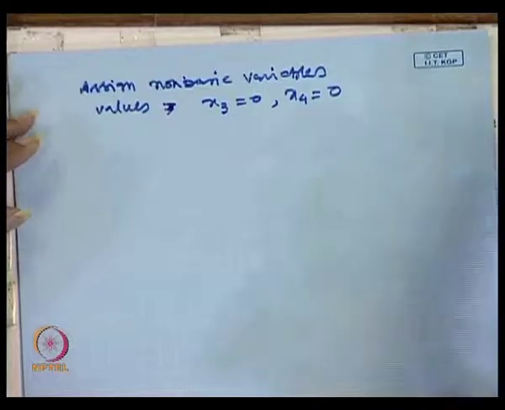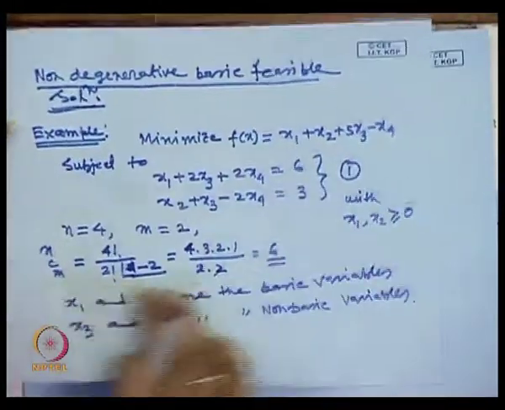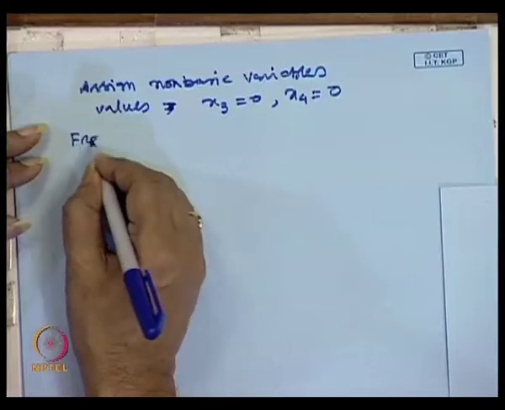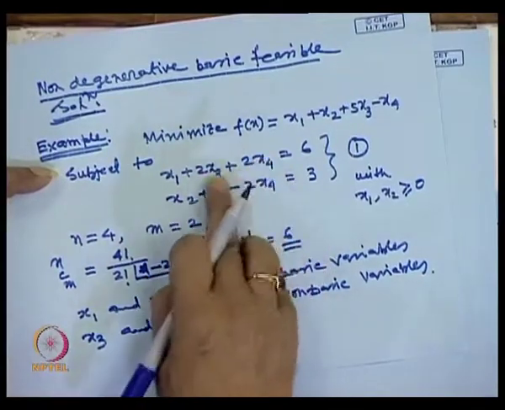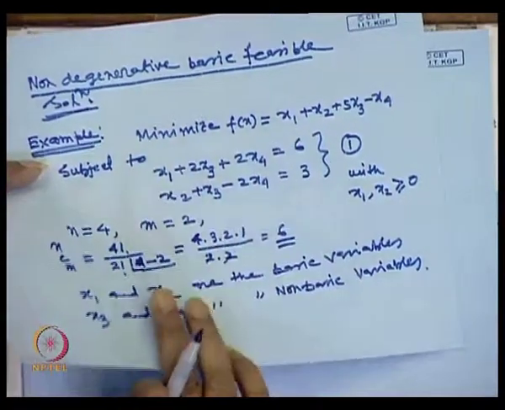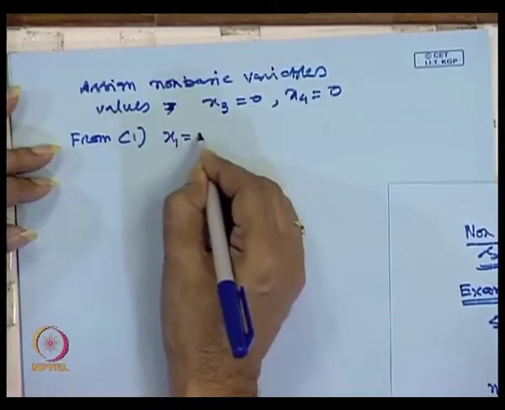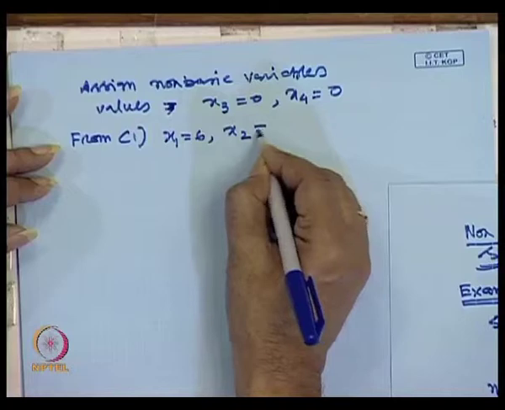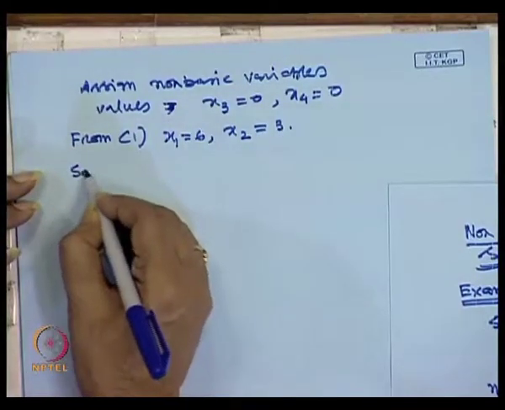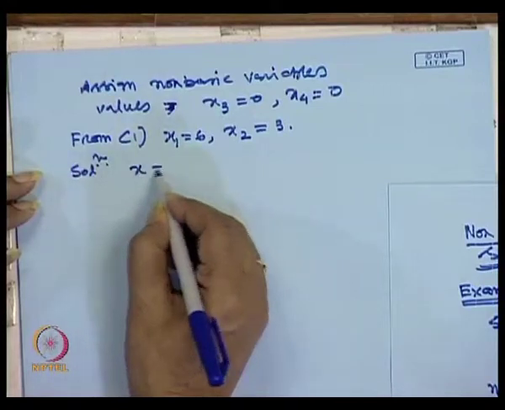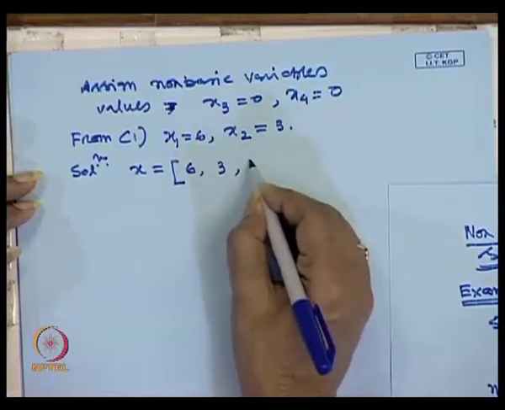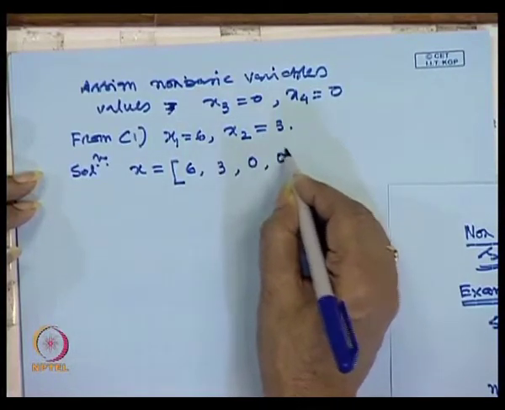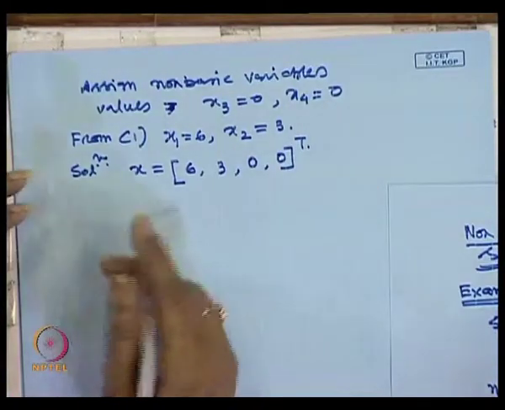Then from equation 1 one can easily find x1 equals 6, and similarly x2 equals 3. So our solution is x1 is 6, x2 is 3, x3 is 0, x4 is 0.